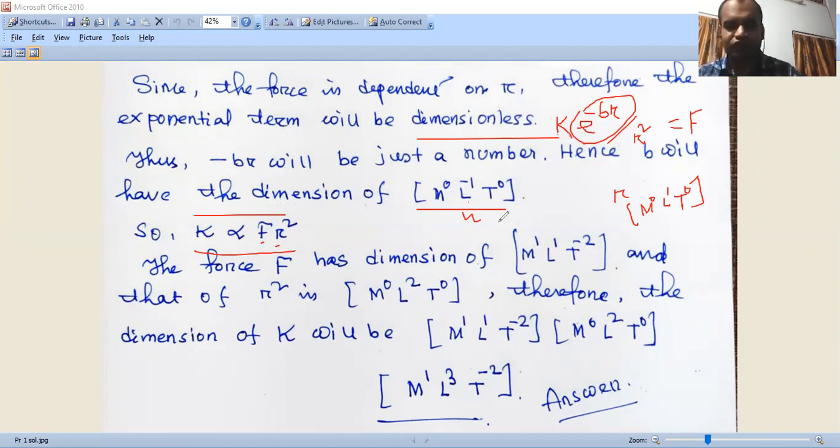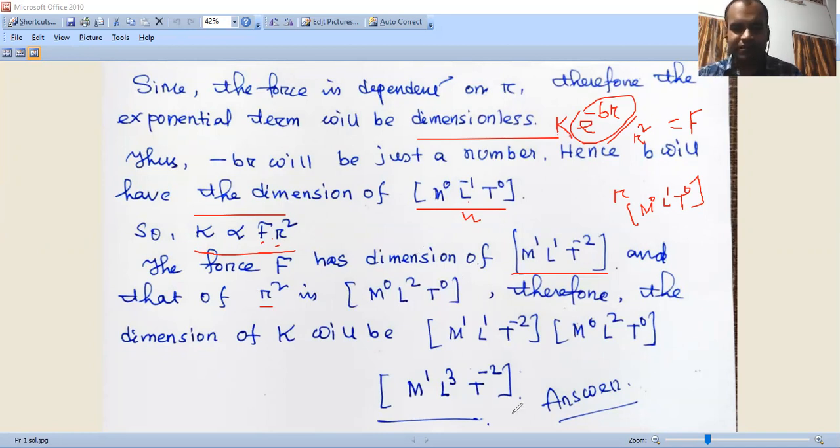The dimension of force is M1 L1 T to the power minus 2, and that of R square is M0 L2 T0. Now we have to multiply the dimensions of these two quantities, F and R square.